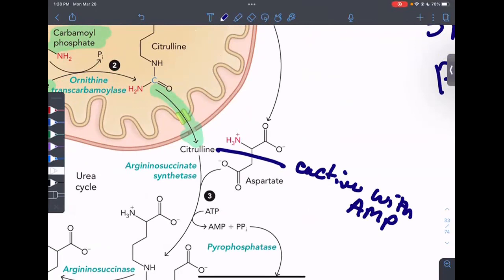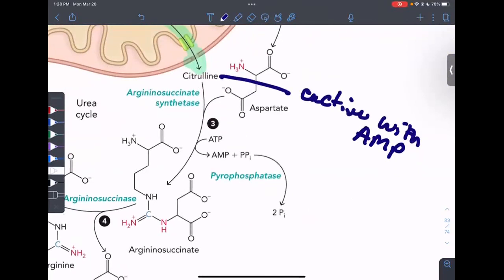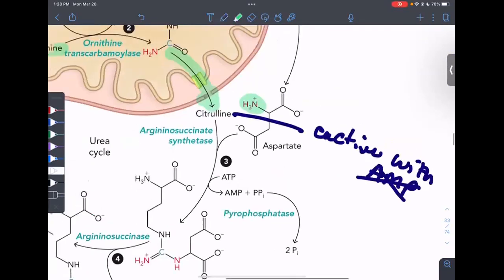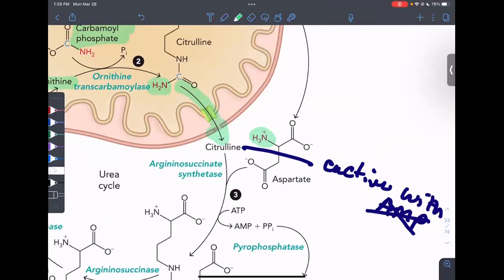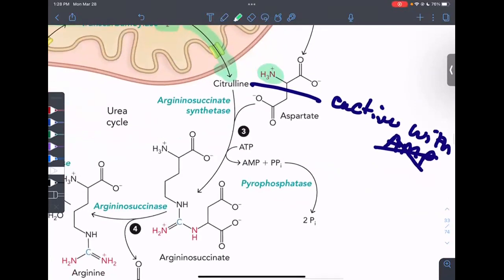And then when that AMP is replaced by aspartate, what we're actually going to make is argininosuccinate. That aspartate displaces the AMP and allows for the addition of the second nitrogen-containing group, right? Because aspartate has a nitrogen and our citrulline has a nitrogen. So now we're going to make an intermediate here that has 2 nitrogen groups in it, right?